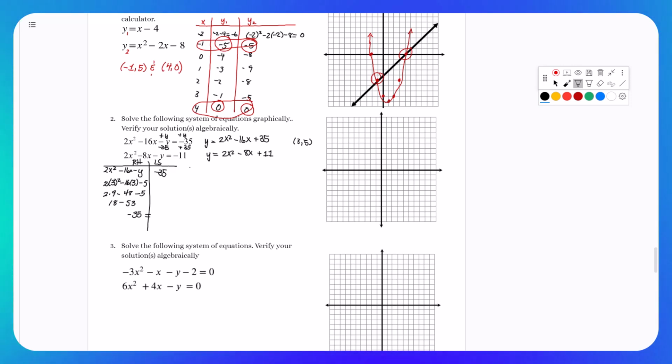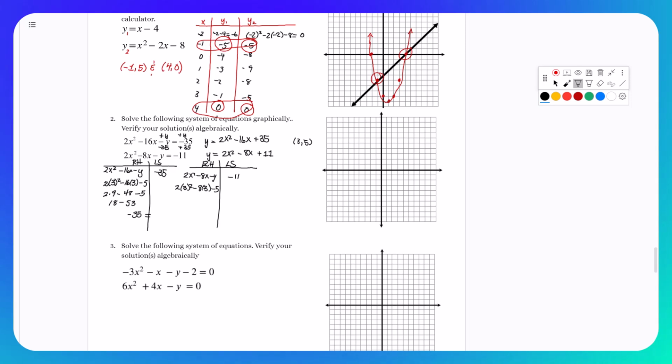Let's make sure it works for the other solution. Well, we got the right-hand side and the left-hand side. 2x squared. This time we're going to put the minus 8x minus y equals negative 11. And we go 2 times 3 squared minus 8 times 3 minus y, which is 5.